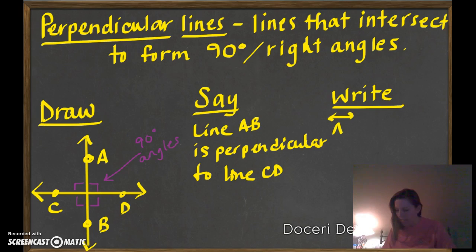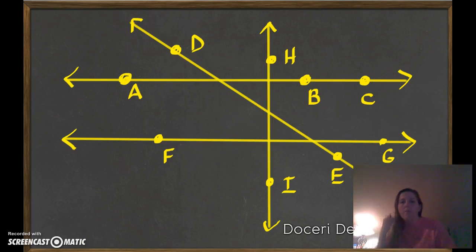So we'd say line AB, so notice how I've referenced the line, I've used the symbol, and that means is perpendicular to line CD. So that's how you would notate it mathematically instead of how you would say it. You would write it using these math symbols. So that's perpendicular.